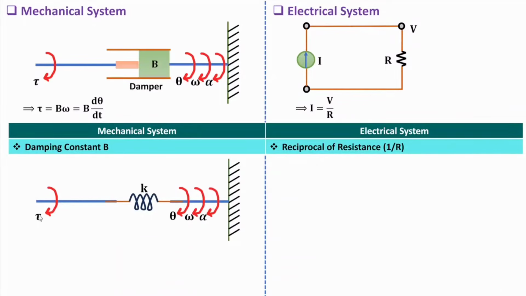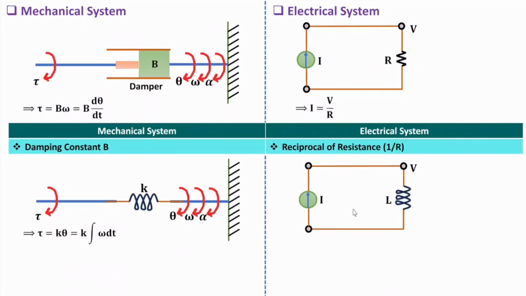The value of torque tau is spring constant K into theta. And as I have told you, omega is d theta by dt. So what is the value of theta? Theta is the integration of omega with respect to time, right? And this is the mechanical system which we have.